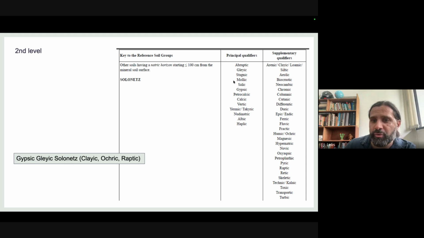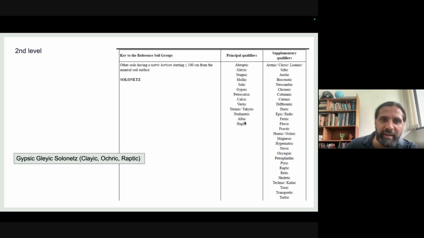And when you go down, you see that you register, let's say, less important qualifiers. And you have as the last option the haplic. And the haplic qualifier, you can only use if you don't have any other qualifier.